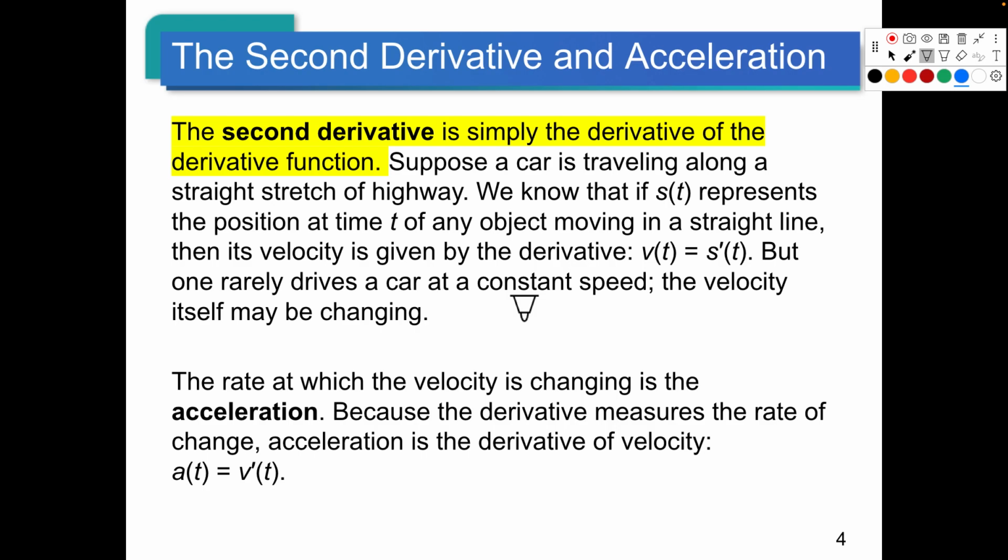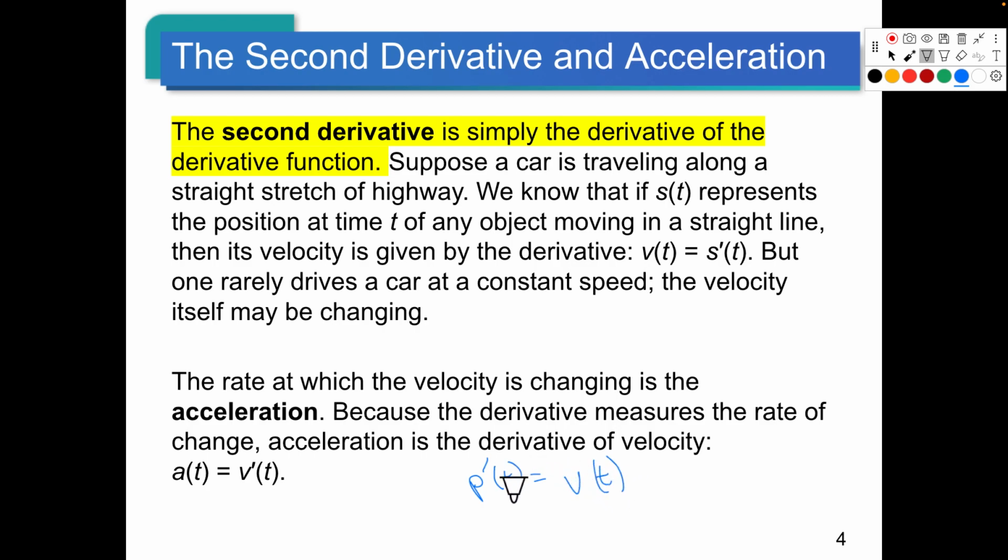And so acceleration is the derivative of velocity, which we could also refer to as speed. Velocity just has direction with it, but speed is just the number. So we could have a position function over time. If we took its derivative, then that's how we get velocity.